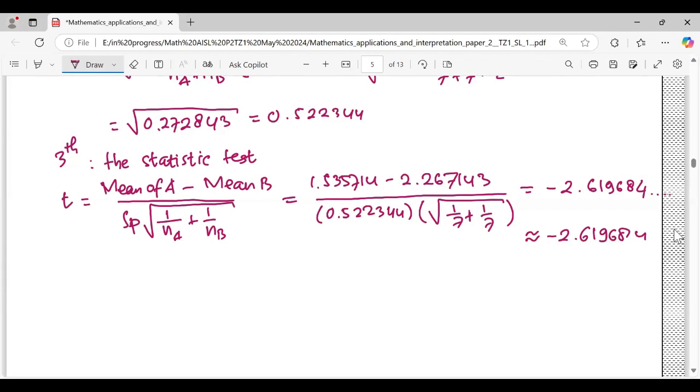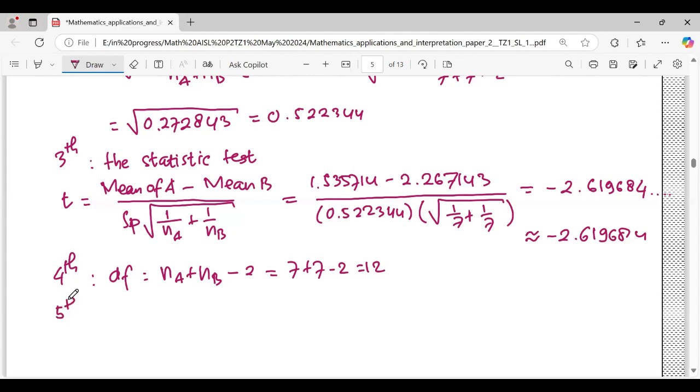And the fourth step, we are going to determine the degrees of freedom. Degrees of freedom is nA plus nB minus 2. It equals 7 plus 7 minus 2, equals 12.